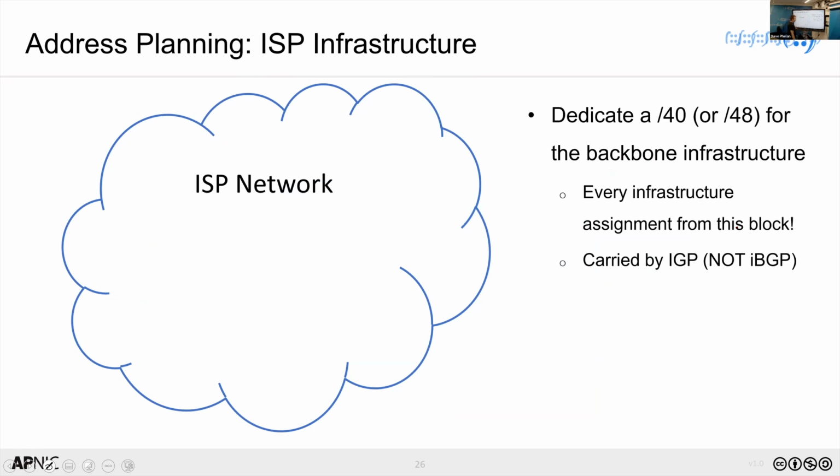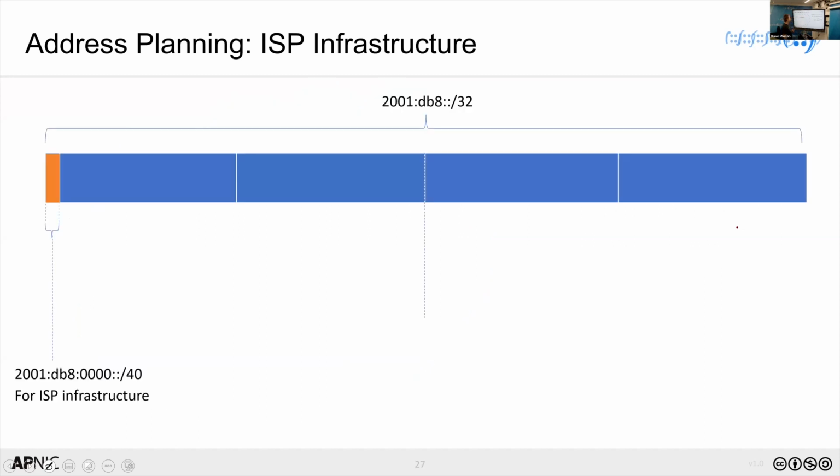These are carried in my IGP, so OSPF version 3, because we're talking about V6, or IS-IS, intermediate system to intermediate system, okay? So here's my 4 /34s. Here's my first /34, and I've reserved this tiny little slice, this /40, for my infrastructure.